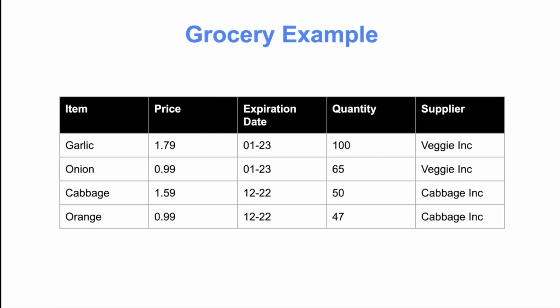From this, I can already get several pieces of information. I can query what items need to be refilled, what items are expiring soon, and where I could buy those items.